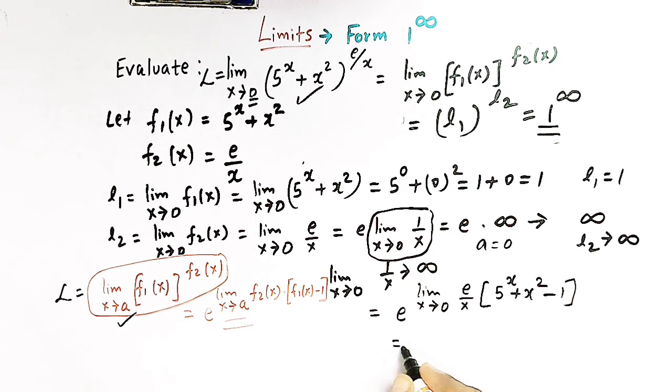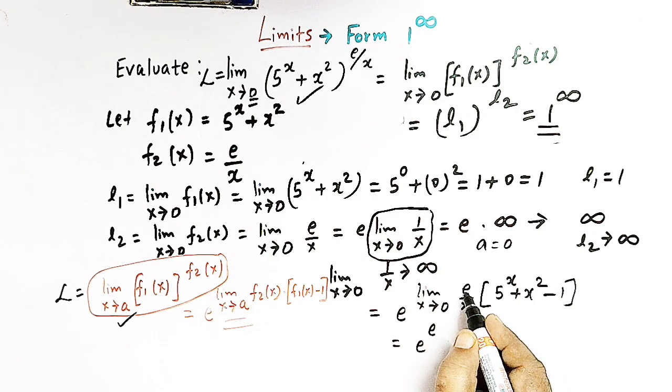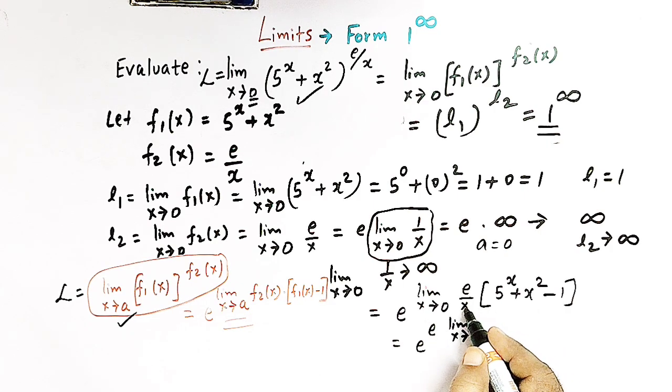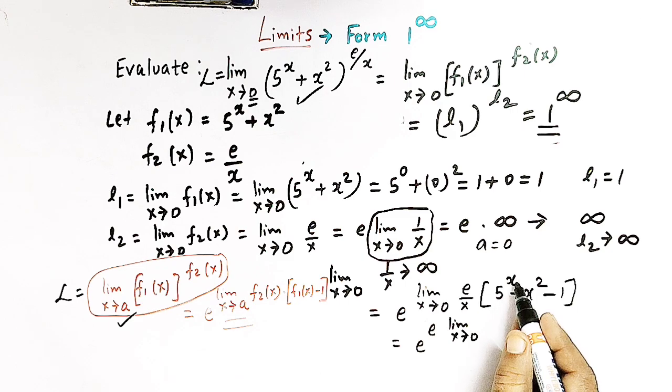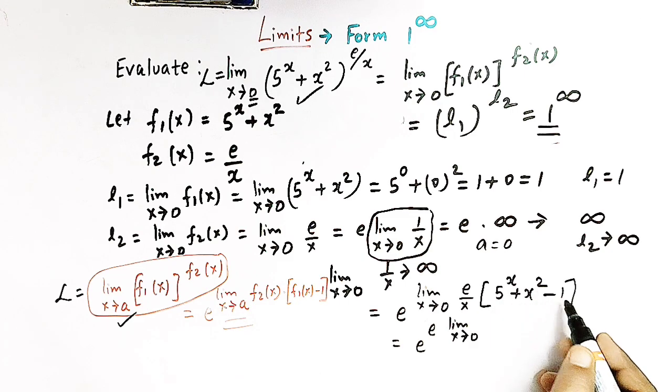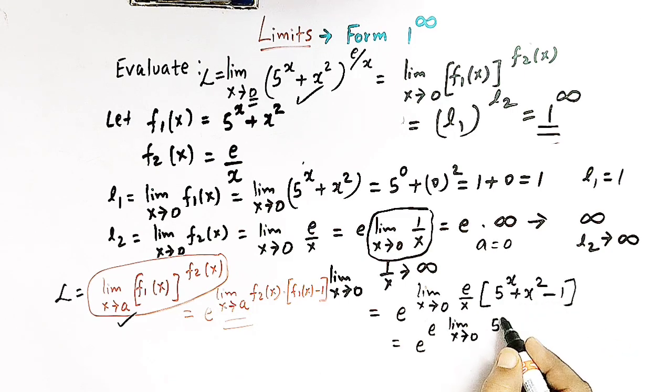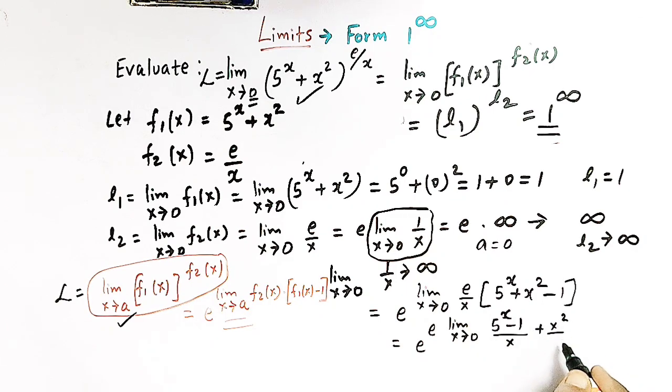Now we can simplify this limit. We have e raised to, and here we can take this e in front of the limit notation, limit x tends to 0. Now we can take this x in the denominator of 5 raised to x plus x square minus 1. That is, we can write 5 raised to x minus 1 over x plus x square over x.